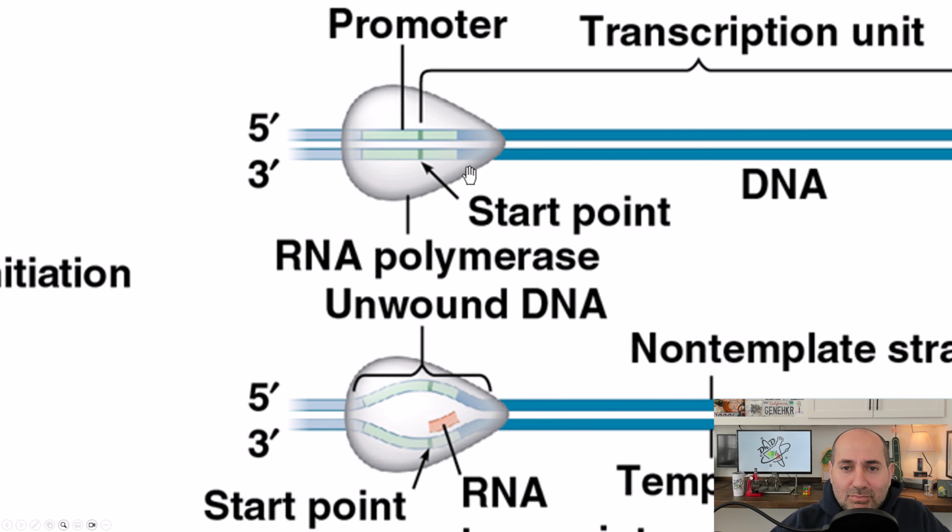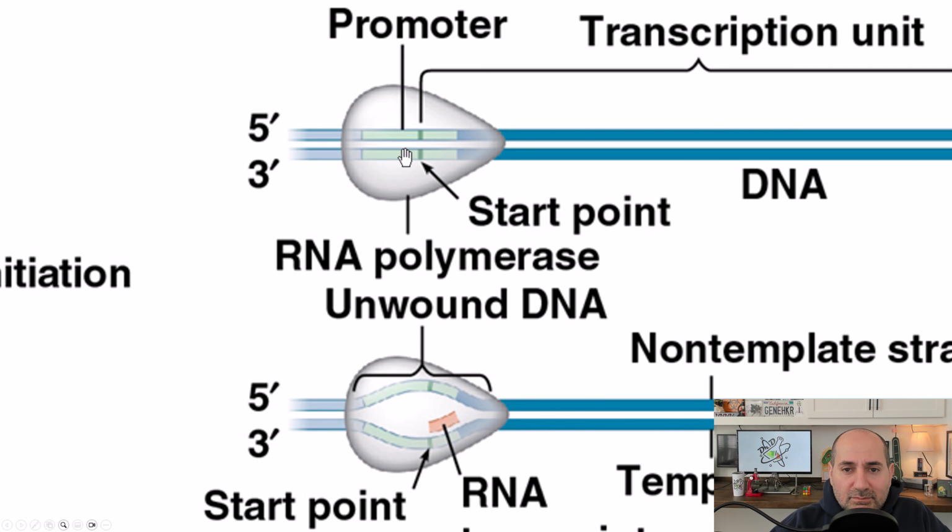And this RNA polymerase attaches to the promoter sequence, which is in front of the transcription unit, which is the part of the gene that needs to be copied. Does that make sense?